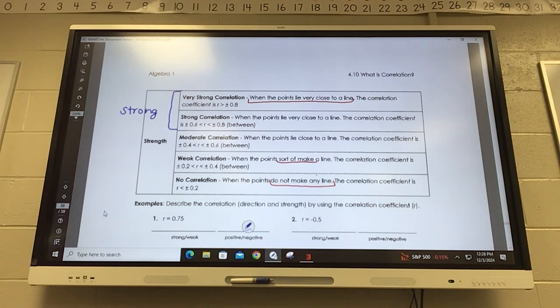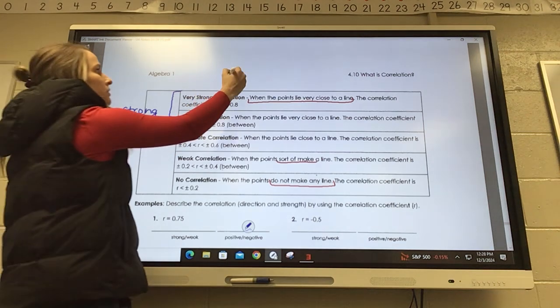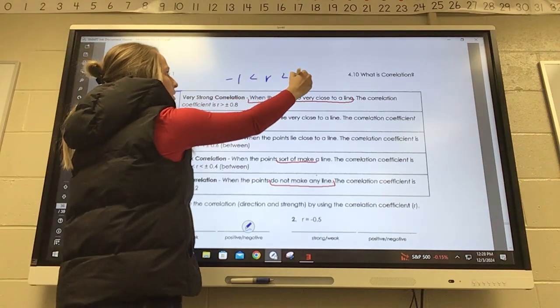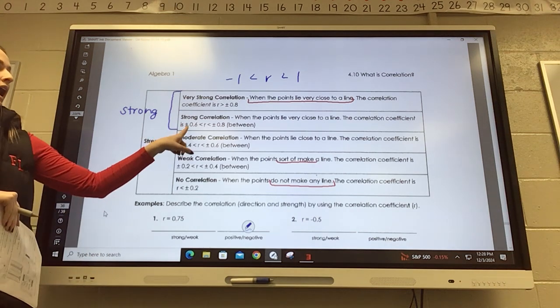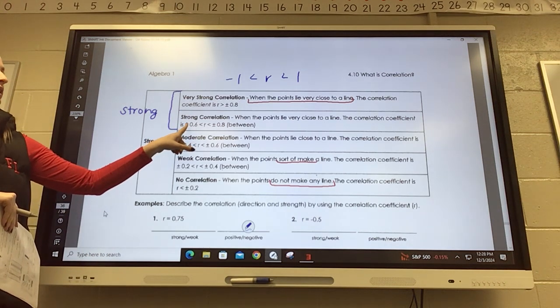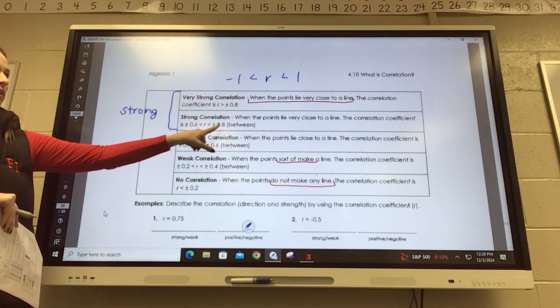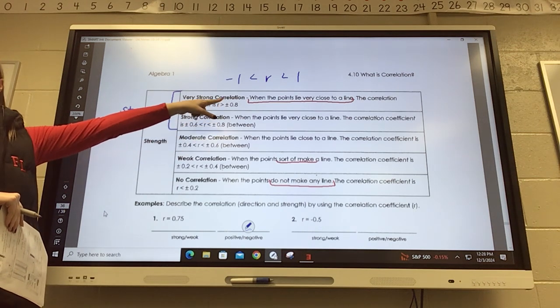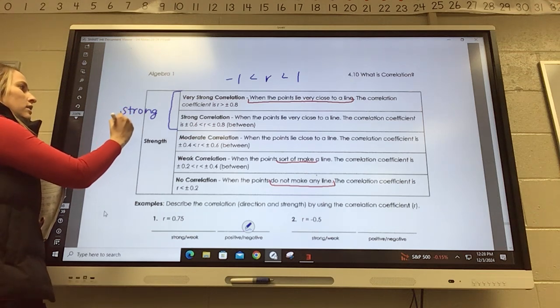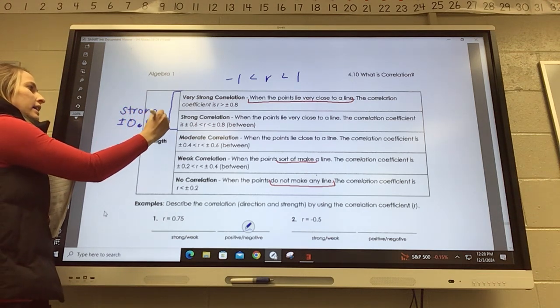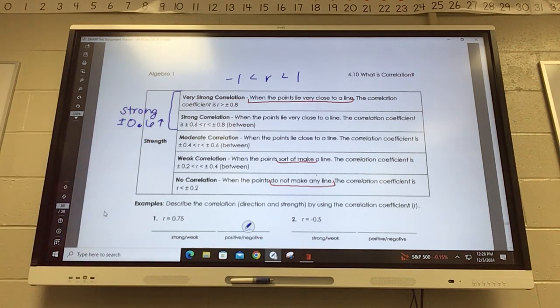So that decimal, remember your R value is going to be anywhere between +1 and -1. So if your decimal is anything higher than 0.6, because strong starts at 0.6 and goes to 0.8, and very strong is higher than 0.8. So I'm going to say anything from 0.6 higher is going to be strong.